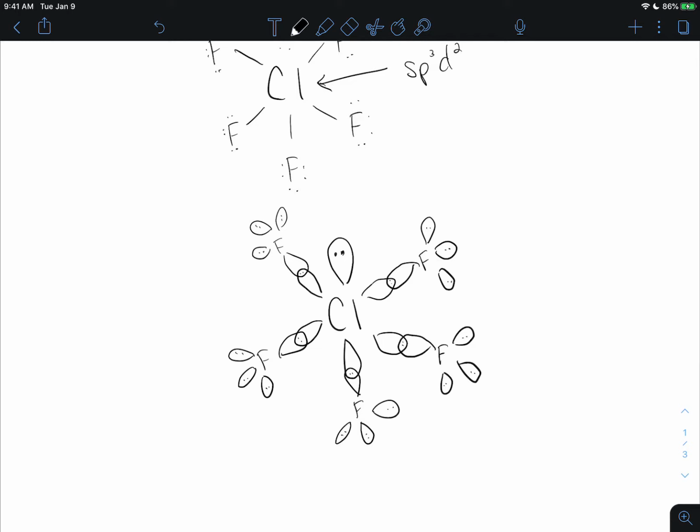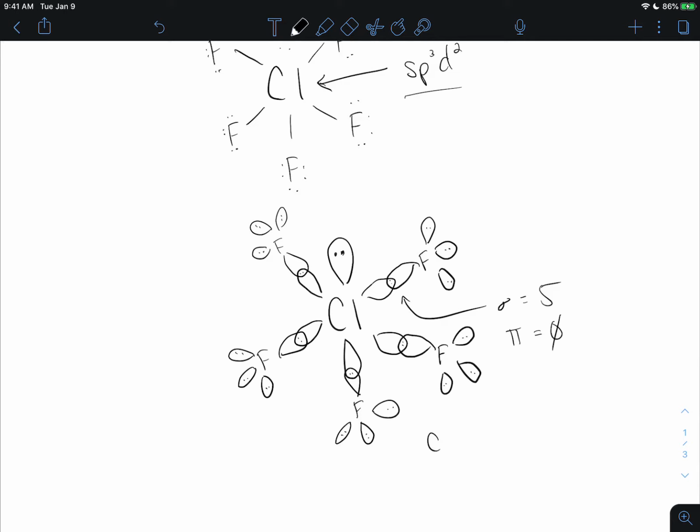Other things you'll want to do, you do need to determine the hybridization of the central atom, which we did already. We need to figure out our number of sigma and pi bonds. In this case, each of these direct overlaps are sigma bonds. So there are 5 total sigma bonds. We do not have any pi bonds, so our pi bonds would be equal to 0. And then if we look at a chlorine-fluorine bond, this is a polar bond.